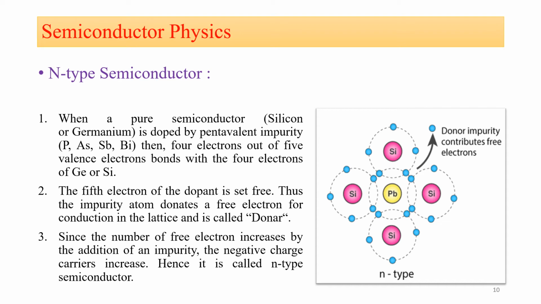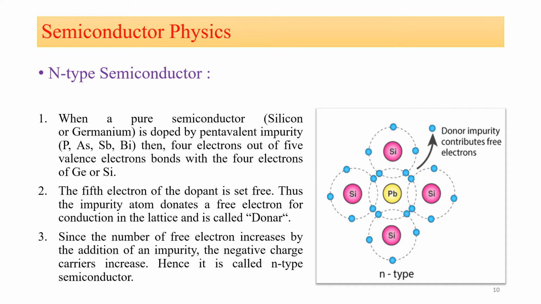Thus, the impurity atom donates a free electron for conduction in the lattice, and this is called a donor. If you see the picture, the donor contributes the free electrons. The 4 electrons of the pentavalent impurity and the silicon get combined with each other, and one electron is free to move.